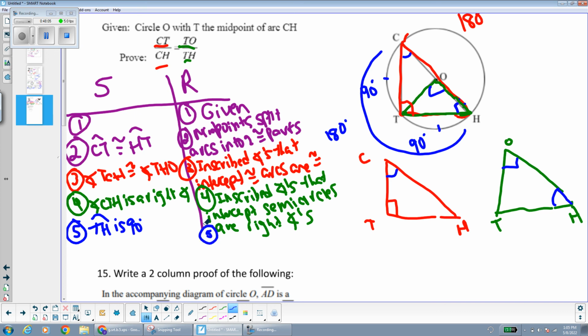And I will just write half of a semicircle is 90 degrees because the whole arc CH was a semicircle. And we knew from the midpoint earlier on that the arc was being cut in half into two equal parts. So half of the semicircle is 90 degrees. And then from there, I can say that angle TOH is a right angle.